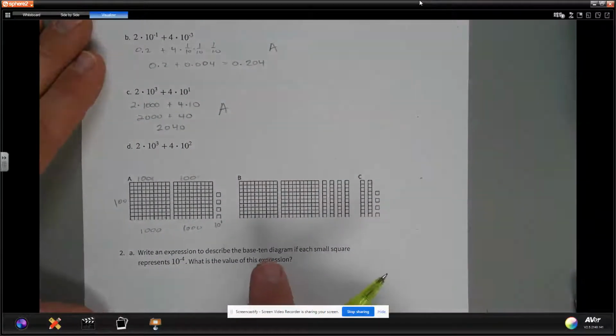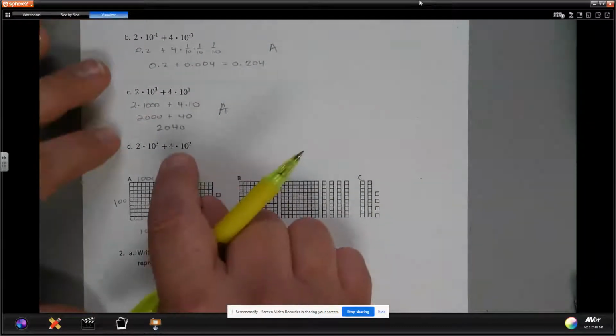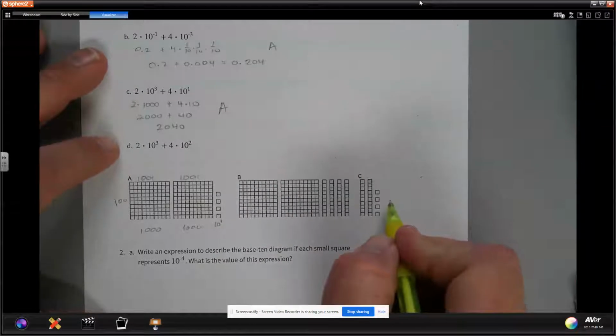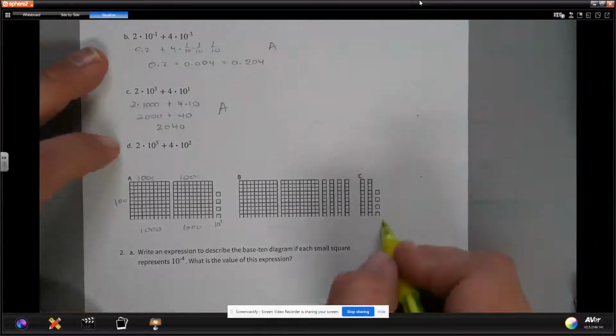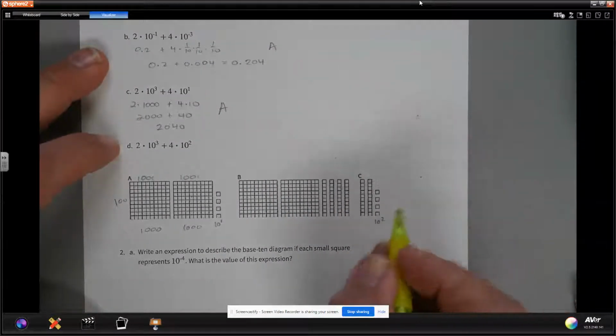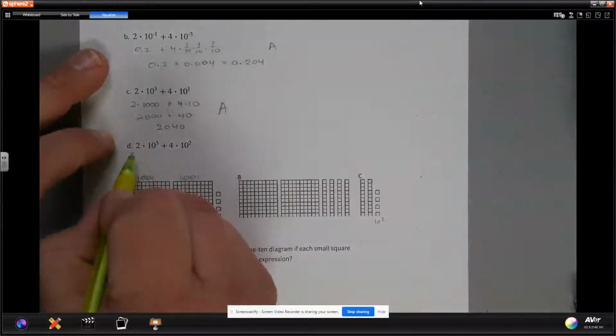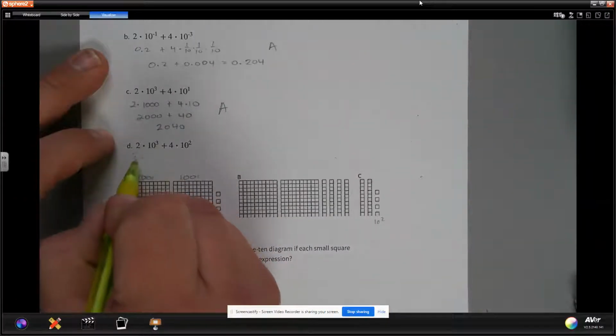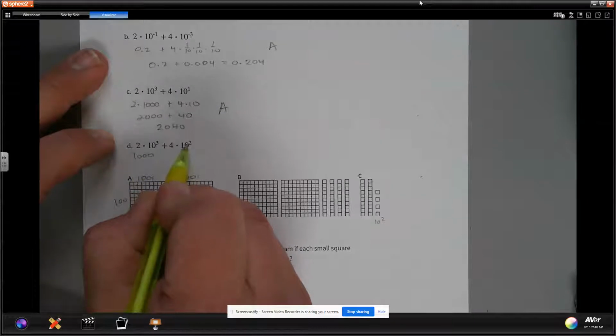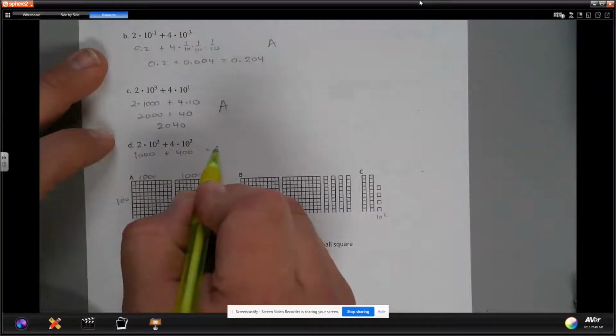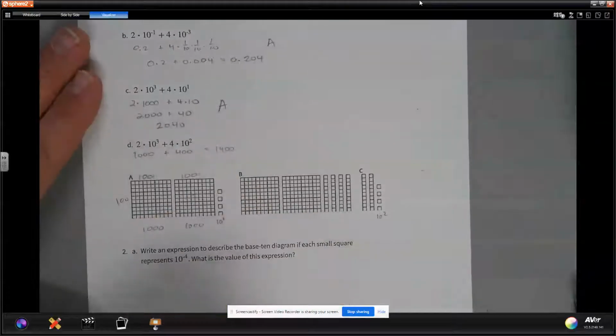The last one, if a small square on this one were to represent 10 to the second power, I could make this work for right here, because this is 2 times 10 to the third, which is 1,000. 4 times 10 to the second is 400. And we could see this one as 1,400.